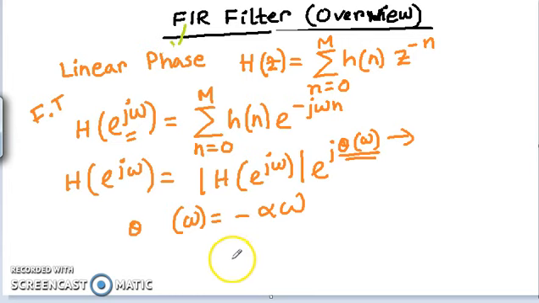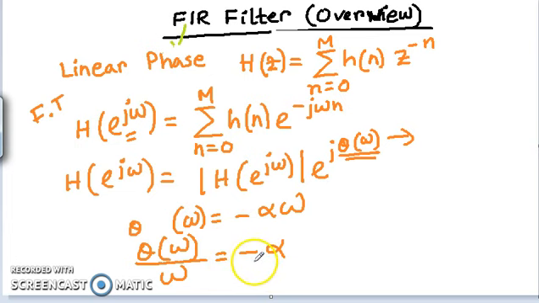Now, if we divide this phase response theta(omega) by the frequency omega, we will get the value minus alpha. Sorry, and if we take the negative of it, we will get the value plus alpha. So this is called phase delay.